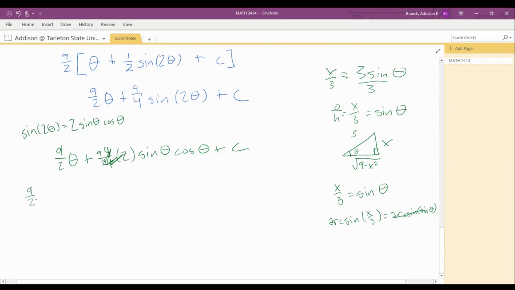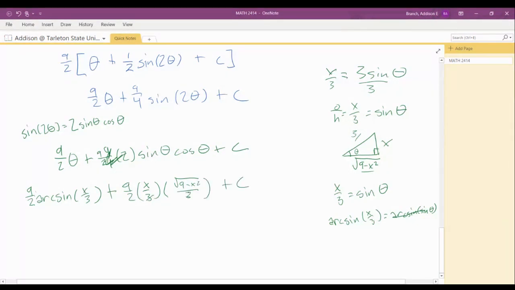So 9/2 arc sine of x over 3 plus, we know we're going to have 9/2 times our sine of theta, like we said, is going to be x over 3. And our cosine is going to be our adjacent over our hypotenuse. So it's going to be the square root of 9 minus x squared over 3.